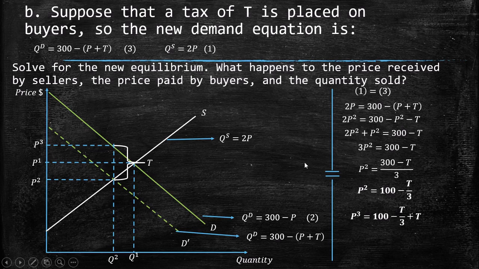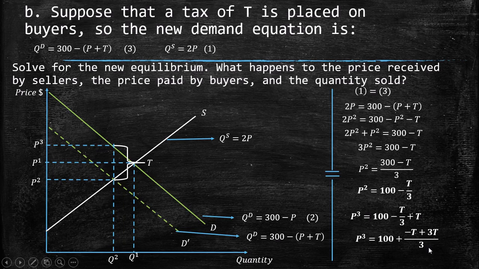So how can we figure out P3? P3 is going to be this value, P2, plus T. So I just add plus T. Here I make this operation.